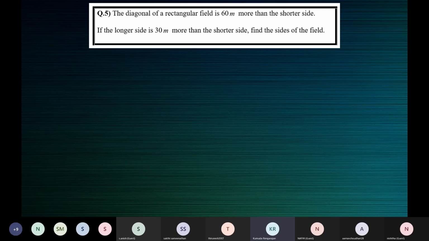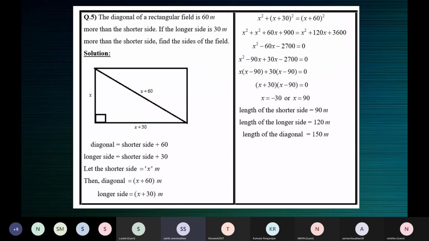Somebody said 90. 90 is what? 90 is the diagonal, is it? Ma'am, 90 is the shortest side, ma'am. Shorter side. Very good. And longer side is 120, ma'am. And diagonal is 150, ma'am.